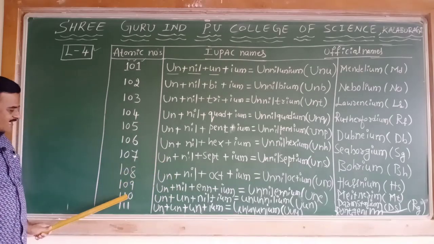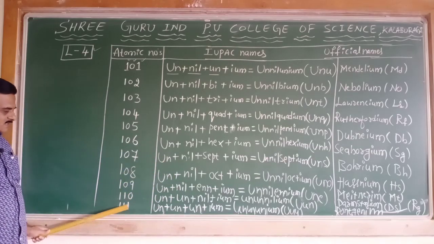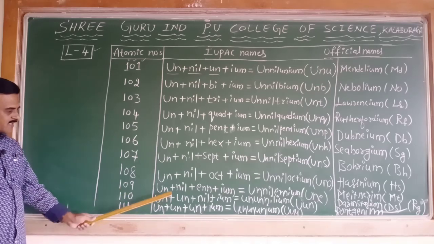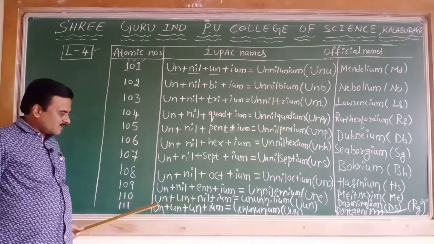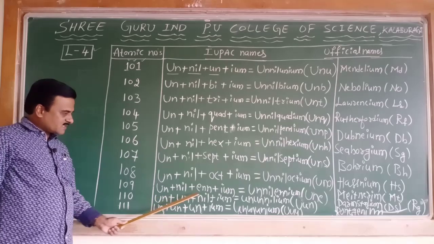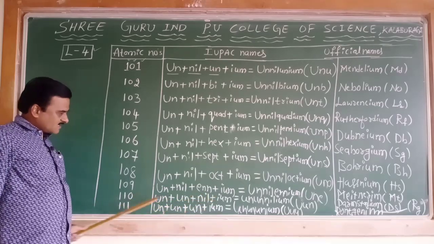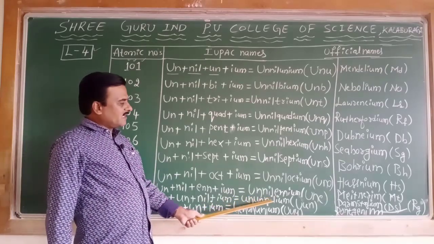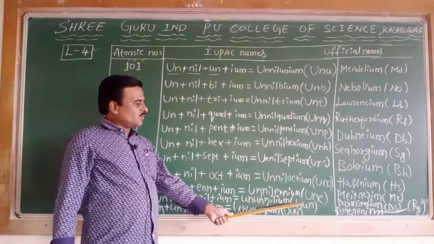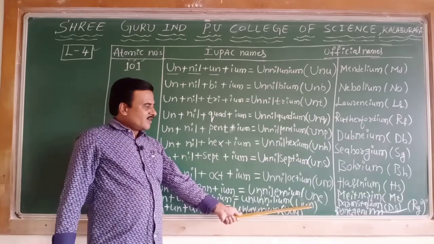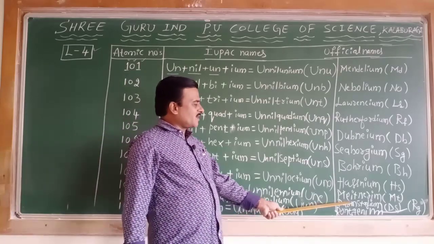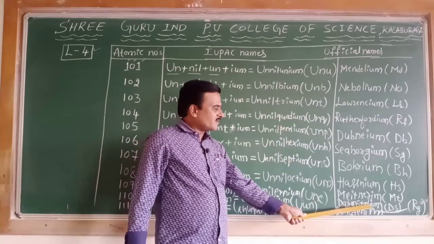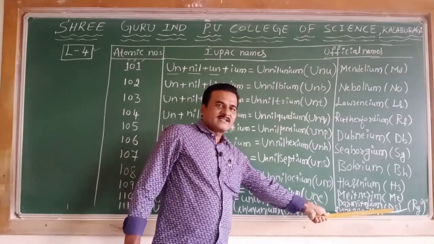Similarly 110 and 111. For 110, un plus nil plus the suffix ium: ununnilium, symbol Uun. Official name darmstadtium, symbol Ds.